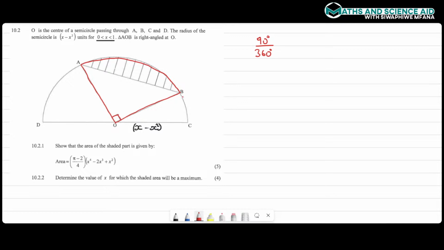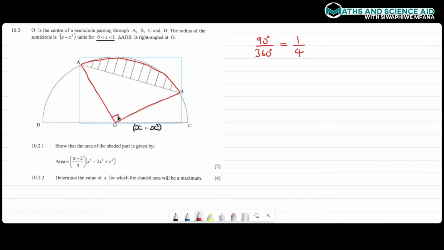So this segment forms an angle of 90 degrees, but a full circle is 360 degrees. As you can see, this segment is just a quarter of a circle, because 90 over 360 is 1 over 4, right?